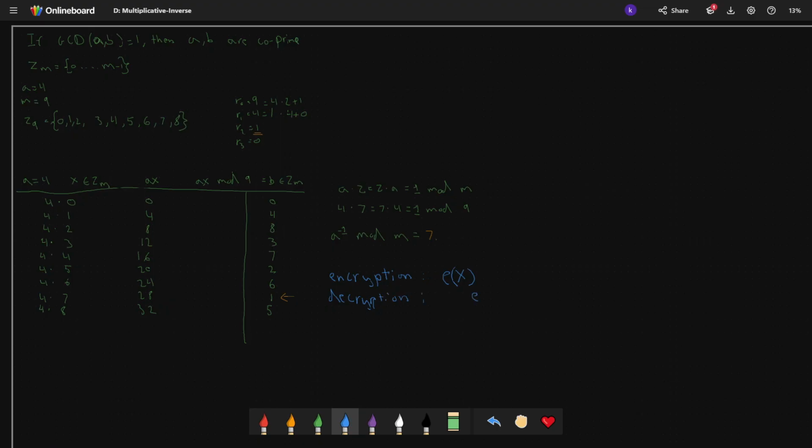The way we write that is, if we have an encrypted message X, we write D parentheses E parentheses X, where D stands for decryption and E(X) is the encrypted message. To do this process of encryption and decryption, we need a mathematical scheme where we can transform one value to another and then back, while keeping the math and the method secret. And the multiplicative inverse can be used to set up such a scheme.